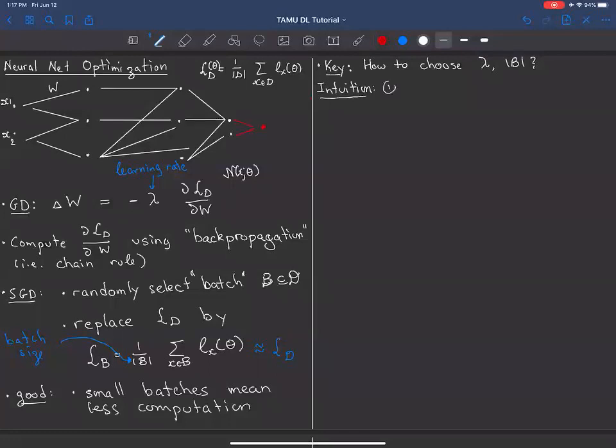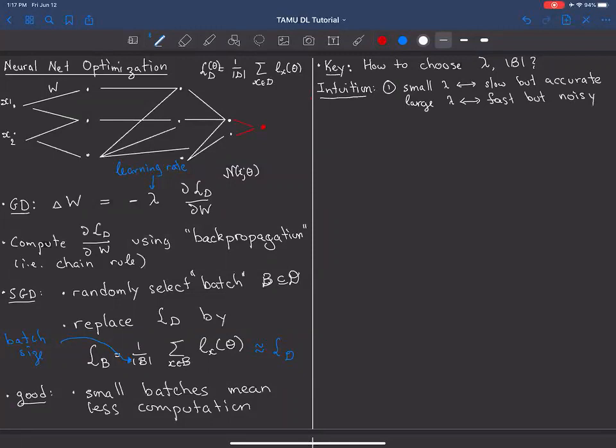Let's think first about the learning rate. A small learning rate corresponds to slow but accurate optimization, whereas a large learning rate corresponds to fast but noisy optimization.